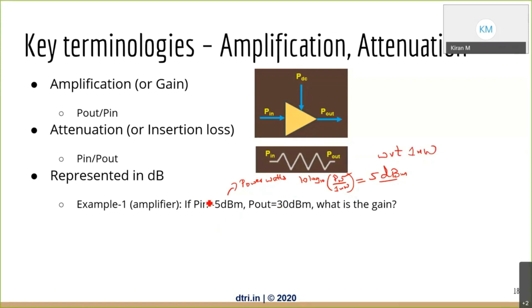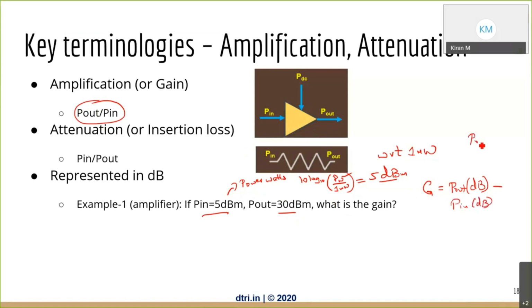In this example, P in is 5 dBm and P out is 30 dBm. So what is the gain? If you go to linear units, you have to do a division. But since it is dB, I don't have to do a division. Gain is P out in dB minus P in in dB.